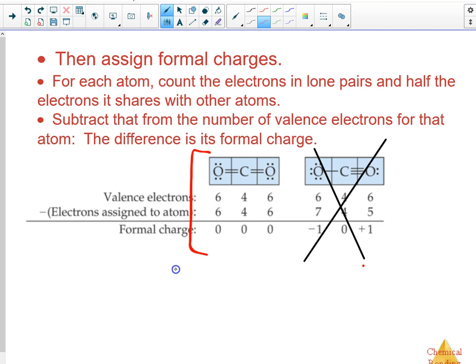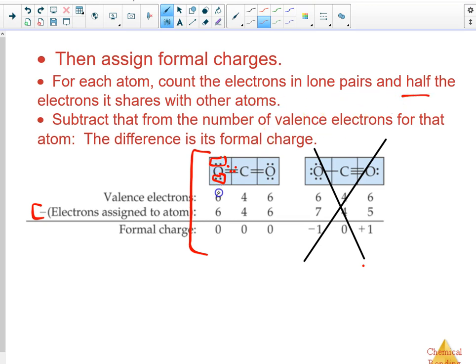For each atom, count the number of electrons in lone pairs and half the electrons it shares with other atoms. So what we're saying here, it's this number right here. So we're going to take the valence electrons that oxygen has, which is 6. And then I'm going to count up how many it has with it. It has 2, 4, and then I take half of these 4. 1, 2, 3, 4, but this tells me to take half of it.